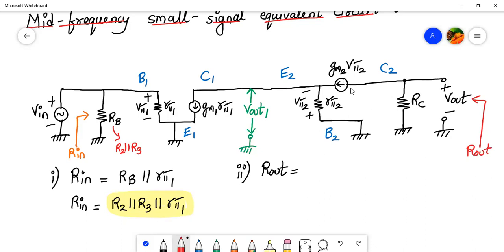The impedance offered by the current source will be infinite, so RC only will be remaining. So over here, we will have R out equal to RC. Very easy, straightforward. So the output resistance of a cascade amplifier is the same as the output resistance in case of a single stage amplifier.